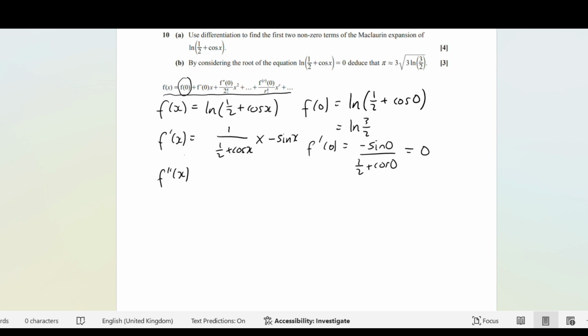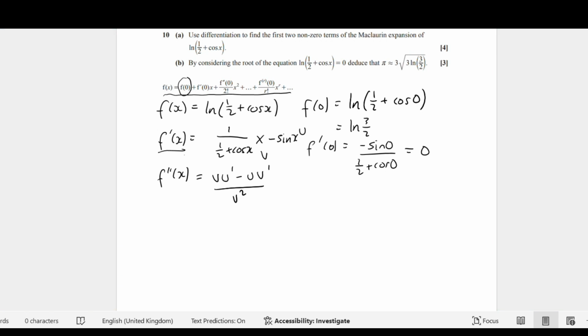So if we now double differentiate, the way I would do this is probably the quotient rule, because we have a fraction here. f'(x) is a fraction, minus sin x over 1/2 + cos x, so we're going to use the quotient rule. If we put this term as u and this term as v, using the quotient rule, which is something we do normally in A-level maths, it's (v u' minus u v') all over v squared.